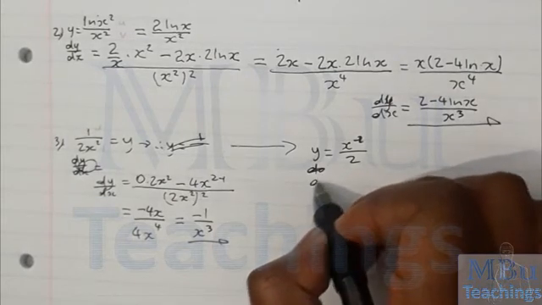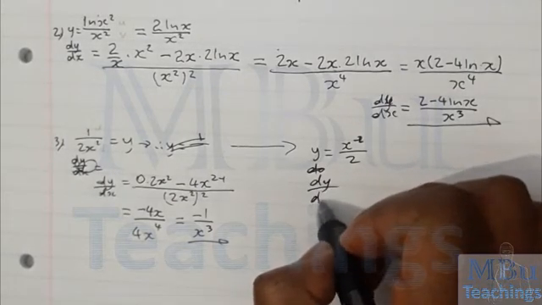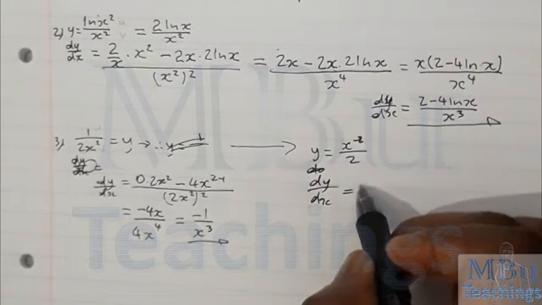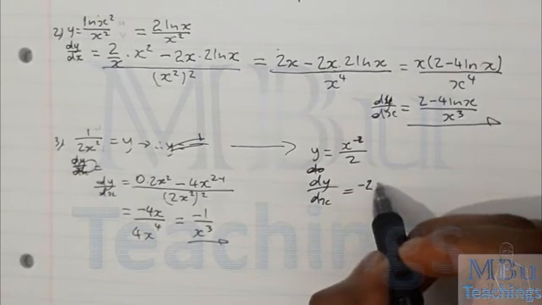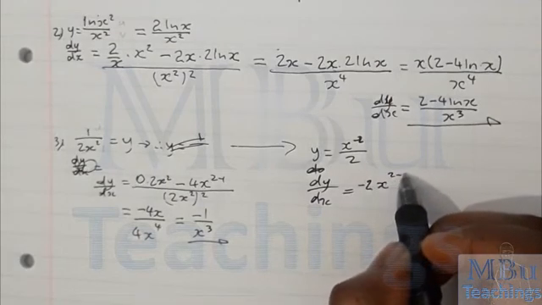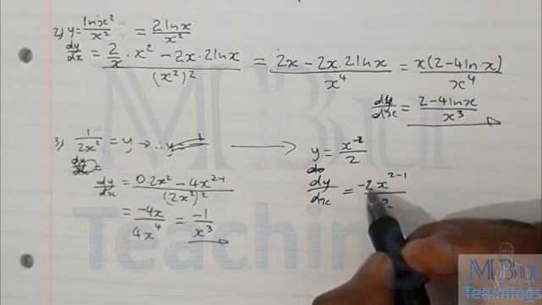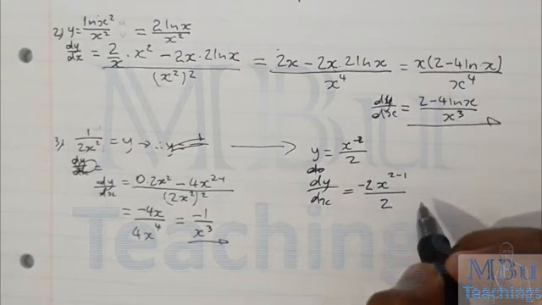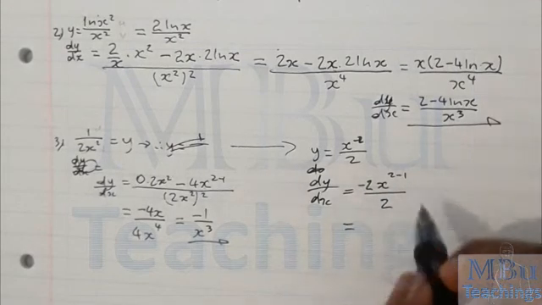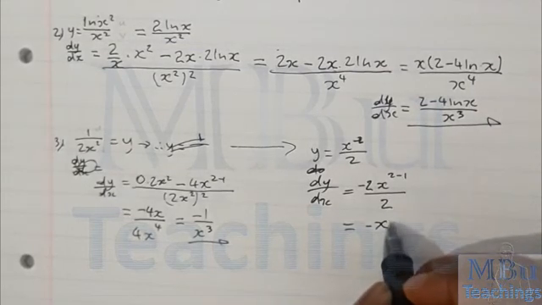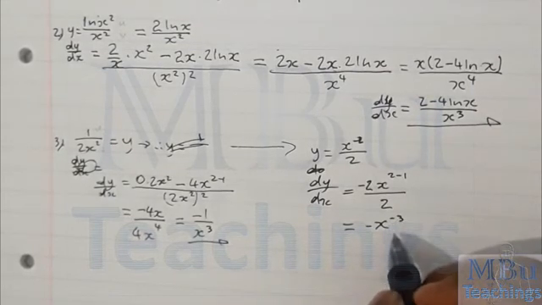Let me skip the line. Dy over dx. Now if I derive here, I'll get negative 2x, negative 2 minus 1 over 2. Negative 2 and 2 will cancel out. Therefore, I'll be left with negative x to the power minus 3.